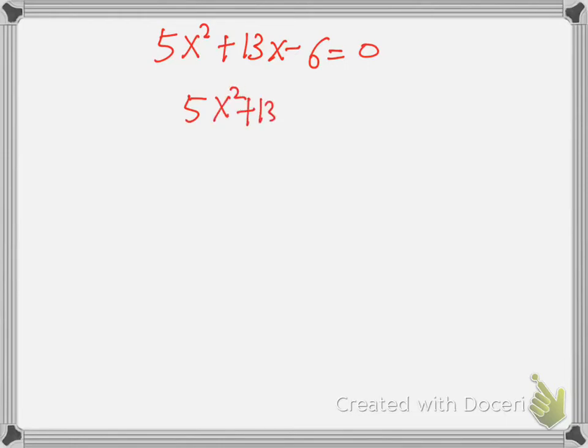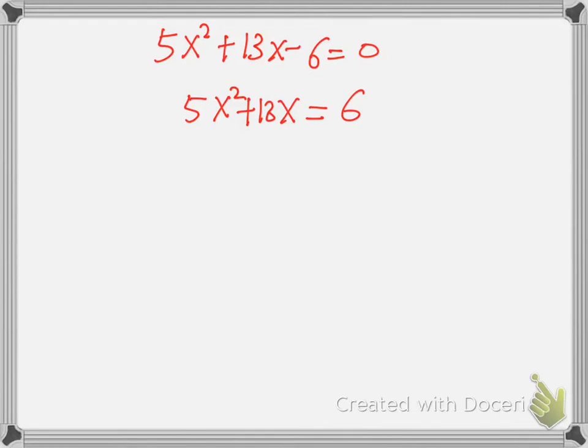Okay, so let's go back to the completing the square method for the same question. 5x squared plus 13x minus 6 is 0. First we want to move c to the other side. We got 5x squared plus 13x is 6.